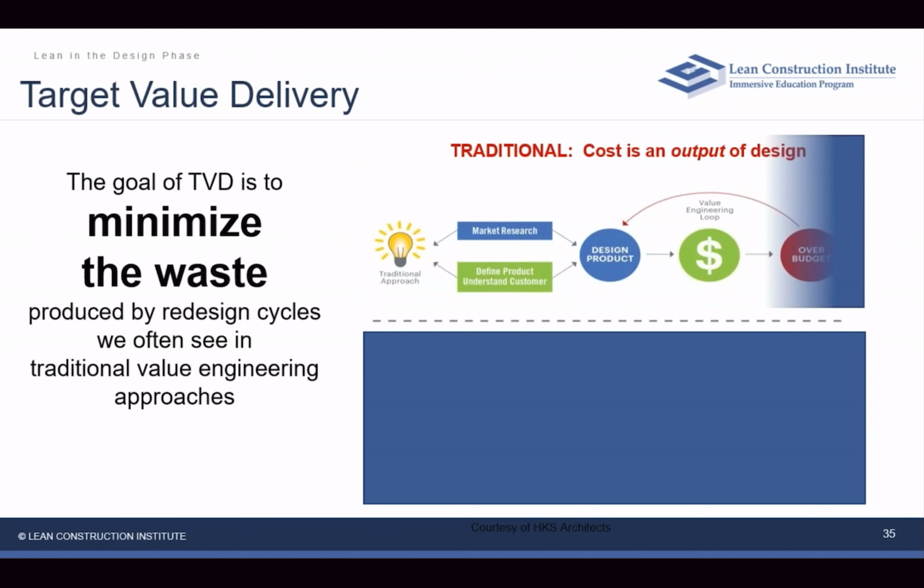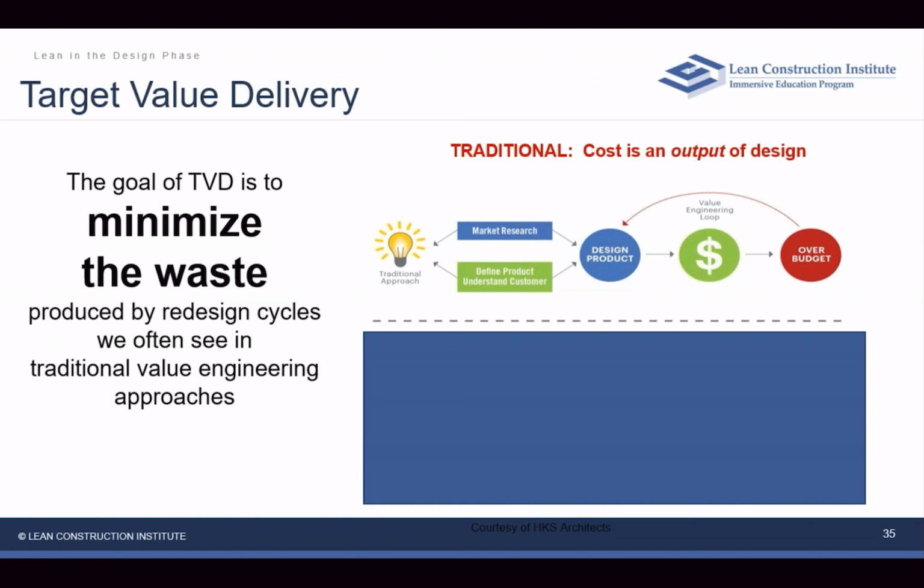But traditional delivery is an approach where we are often coming up with some concept, we're doing the design, and then we're pricing it, and then we're finding out we're over budget or under budget, and then we're getting looped back. If you're over budget, you have to go back and redesign. If you're under budget, hey, we can spend more money, and so then we're going back.